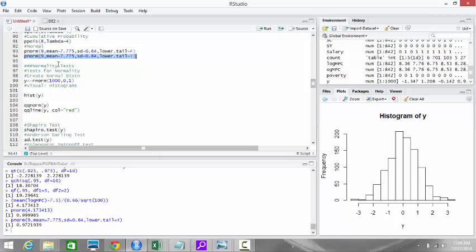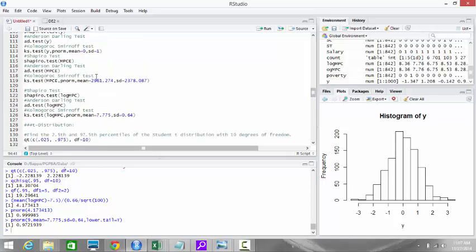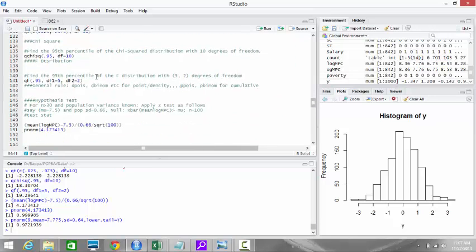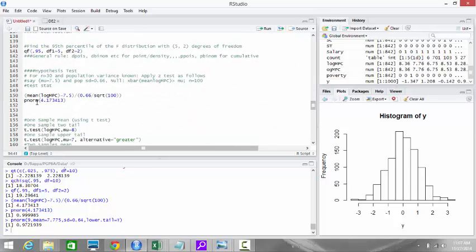So this is basically: given a mean of 7.775 and standard deviation 0.64, what is the probability that x takes any value less than or equal to 9. So p norm of 4.173 is the probability up to that point.